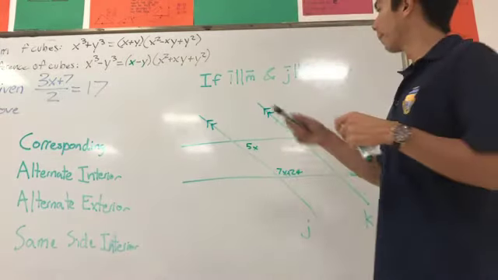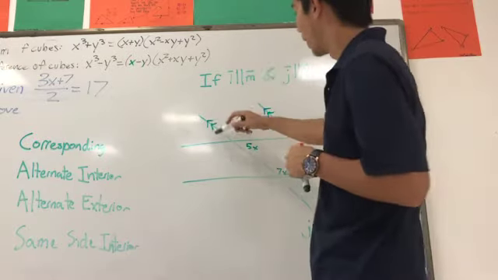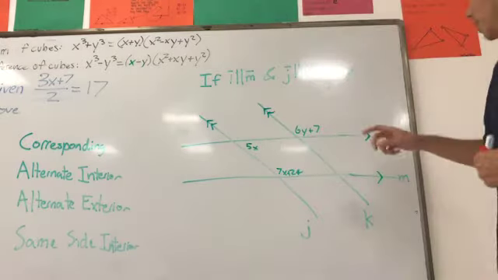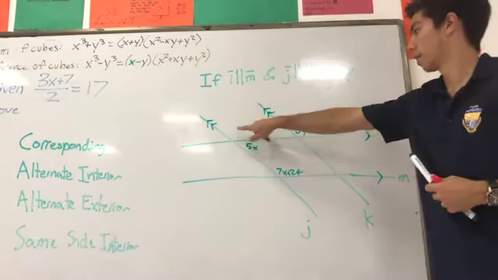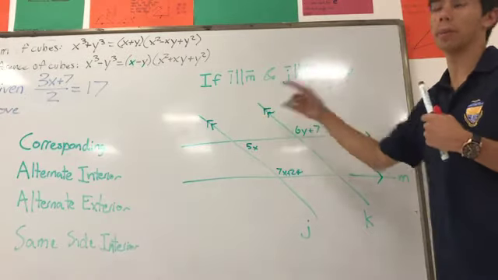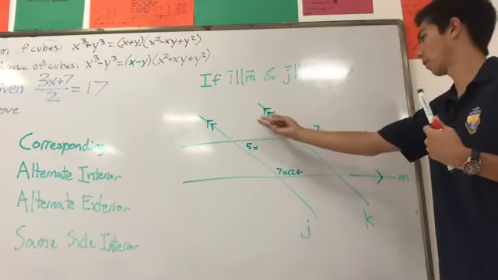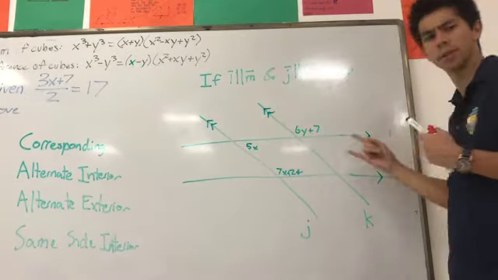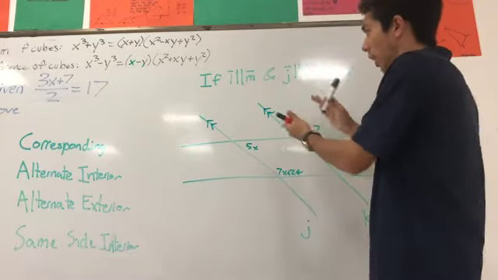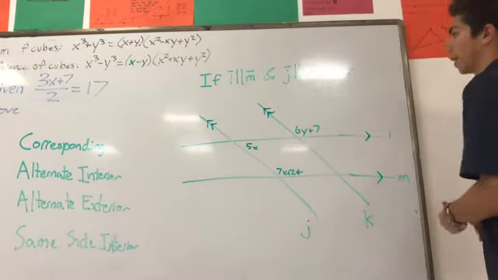I'm going to mark these with 2 arrows to differentiate. If I mark them with 1 arrow, we might confuse that and say that these 2 are parallel also with these ones. But we can see clearly that that's not true. Now I've marked which lines are parallel, so I can start working on my problem.